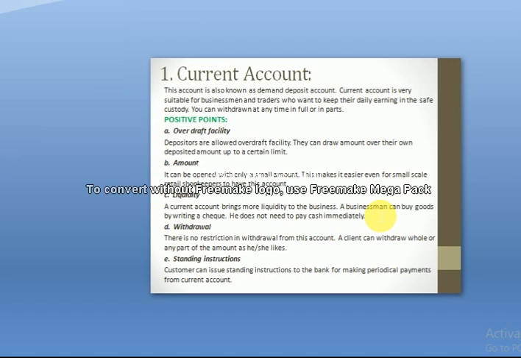Second one, the amount. These accounts can be opened with only a small amount.